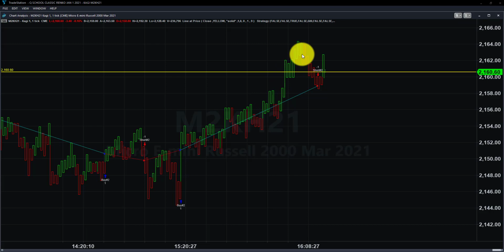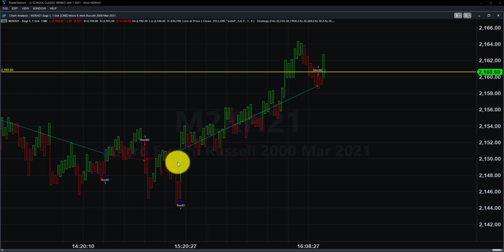The moment it comes down and takes out a shoulder, it will turn red and establish what is called a waist, like a waistline. And when we're making lower waistlines, we are trending down. That is, in essence, the construction of a Kagi chart.